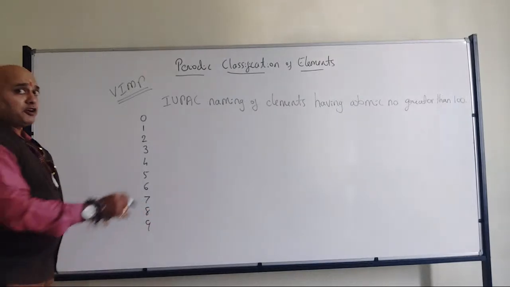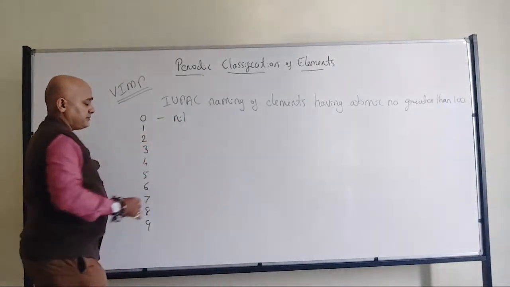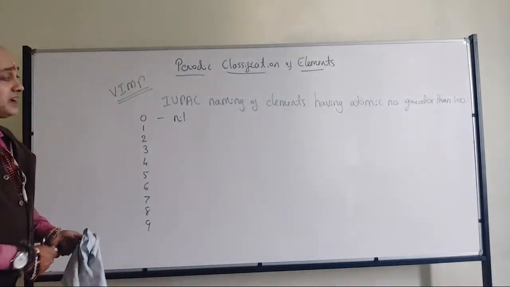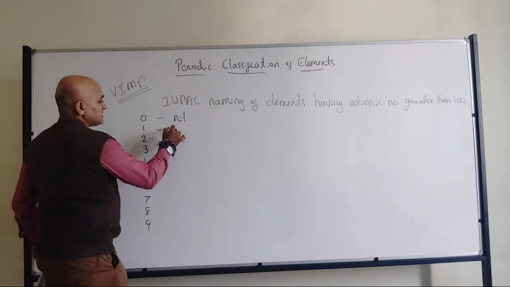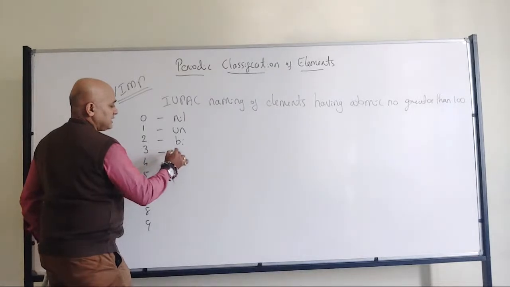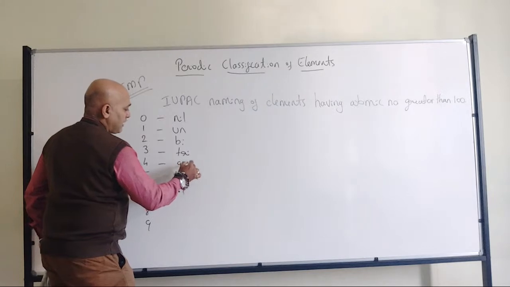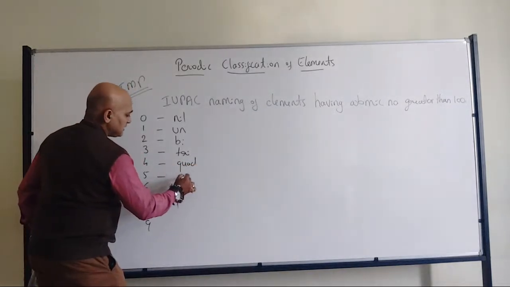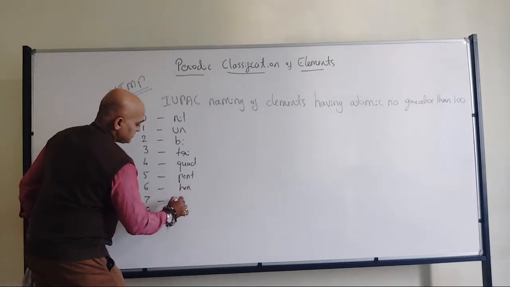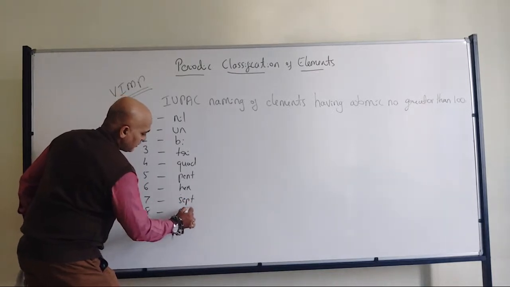According to this naming, 0 is considered as nil. 1 is un. 2 is bi. 3 is tri. 4 is quad. 5 is pent. 6 is hex. 7 is sept. 8 is oct.